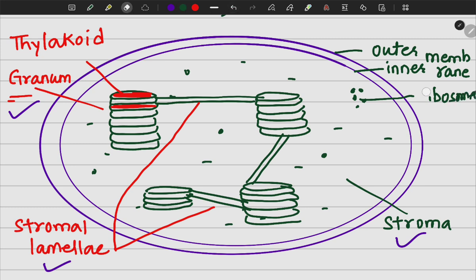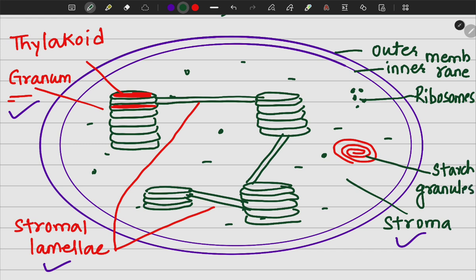Sorry, let me write it again. We will find some ribosomes, then there will be some starch granules because the excess molecules of sugar will be stored as starch.